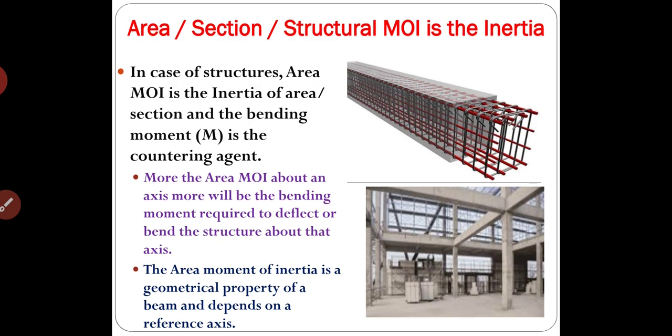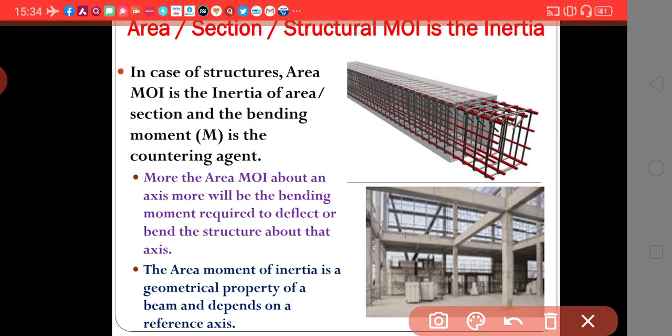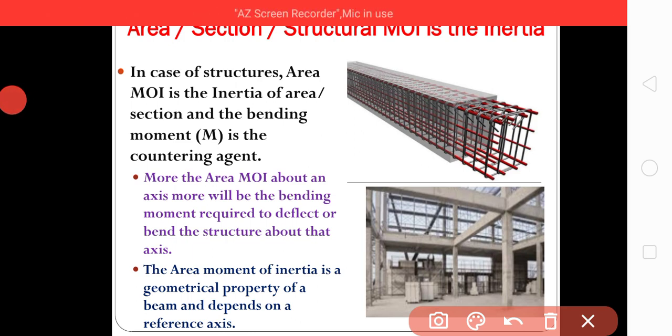Now, being a civil engineer, you should get recognition again for the area or section moment of inertia. In case of a structure, area moment of inertia is the inertia of the area or section, and it is the countering agent to the bending moment. The more the moment of inertia, the more it will resist the bending of the structure, or the bending moment it is going to counter.